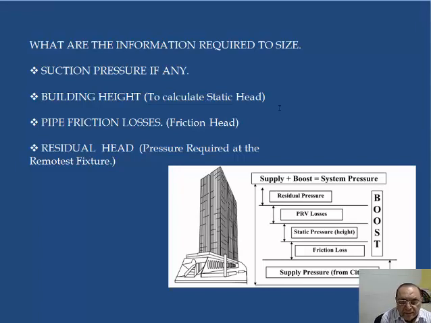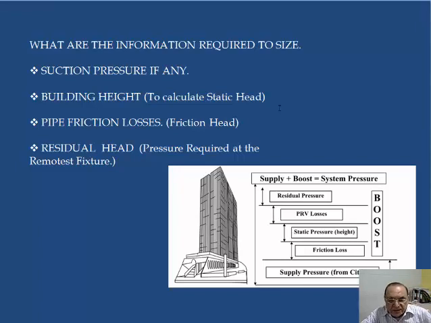And the residual head, that is the pressure required to be delivered at the remotest fixtures. As we were talking about those two systems, like pressure tank required less residual head, and the pressure valve required less residual head.